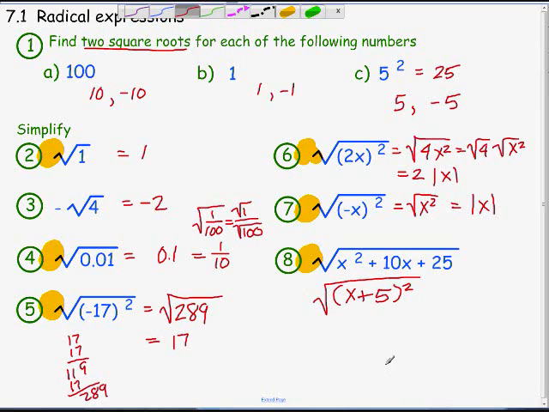The tricky thing here is I don't know whether this expression is going to be positive or negative. So I'm going to have to say the absolute value of x plus 5. Because what if x were, for example, negative 7? I have to take the absolute value of this. All right.